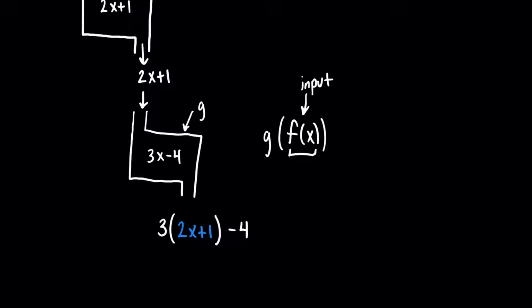So here's our g function. We always put the input right here. Okay, so this is going to be weird, but we took the output from f, which was f of x, and that's now the input, and we're putting it into g. That's what composition of functions is about. Okay, this is the notation that we use. We use something like g of f of x in order to denote function composition. Okay, so that's the idea. Let's do some examples with numbers first, and then go from there.